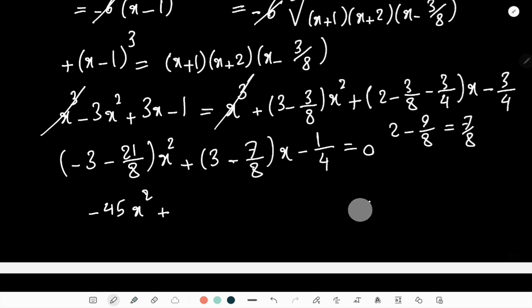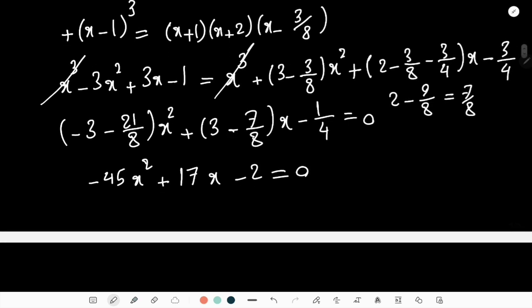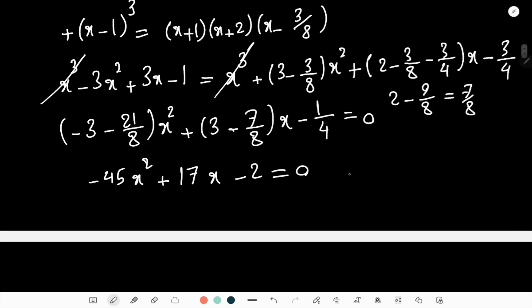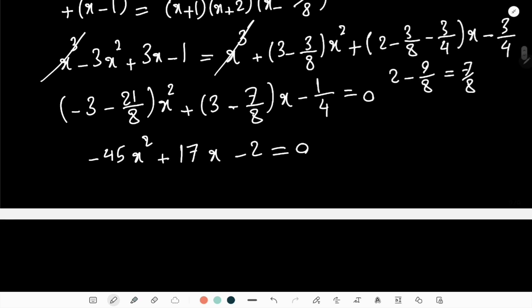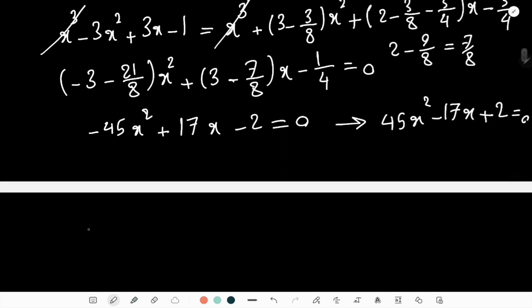I made a mistake. 17x minus 2, this is equal to 0. And from here, I can also write this as 45x^2 minus 17x plus 2 equal to 0. And then you can calculate x.